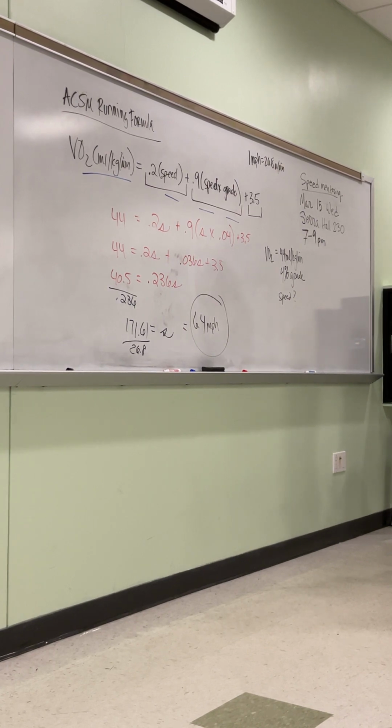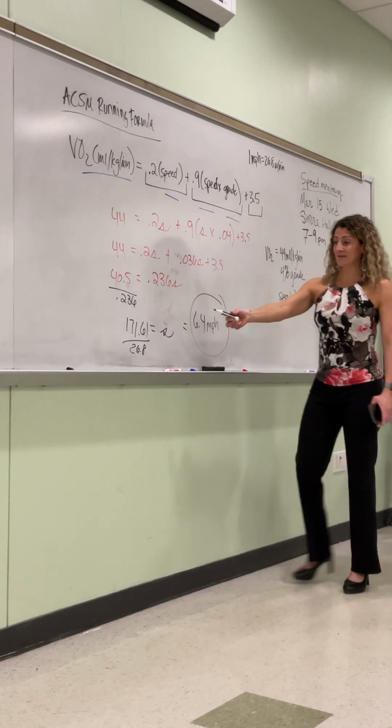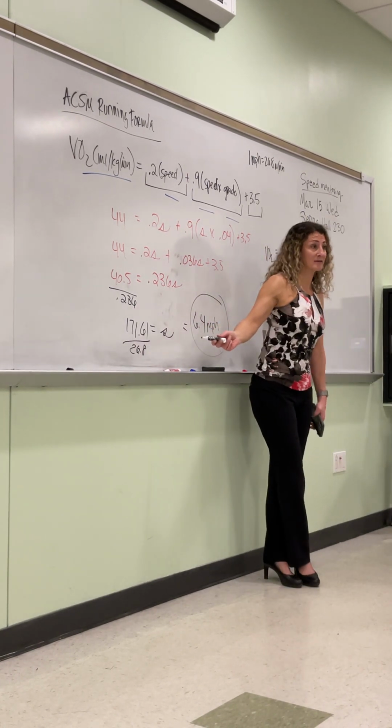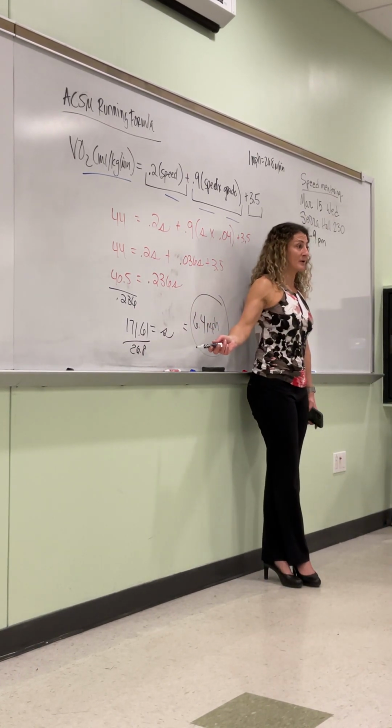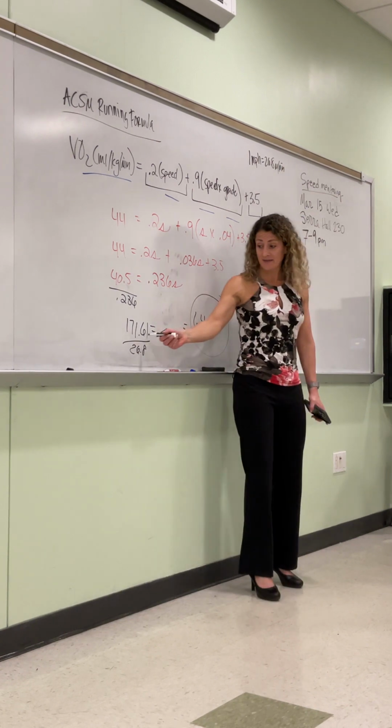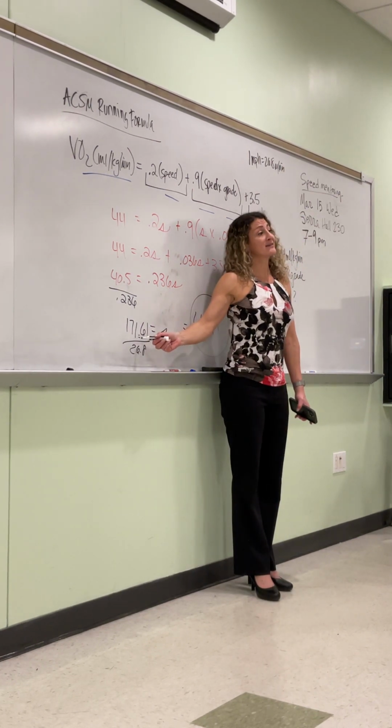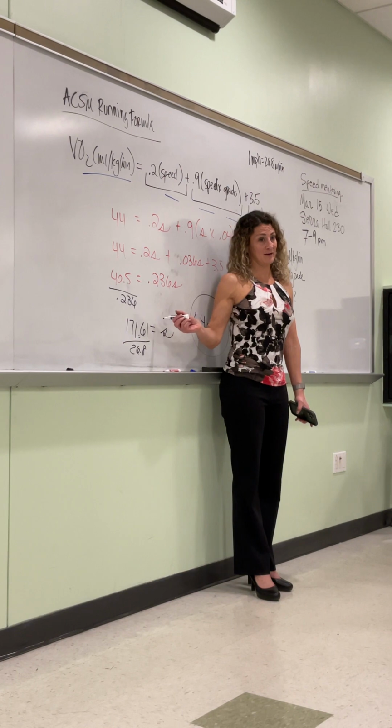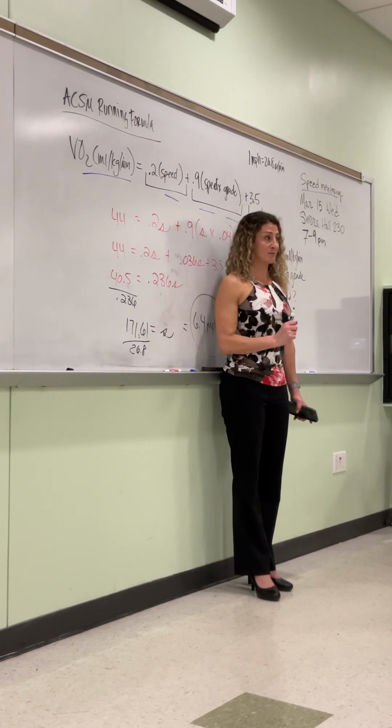If you left the answer like this, if I didn't specify, sometimes I forget to specify, tell me speed in miles per hour. If you leave it like this, it's fine as long as you put a unit on it, meters per minute. But if you just left it like this without a unit, I just mark it off.